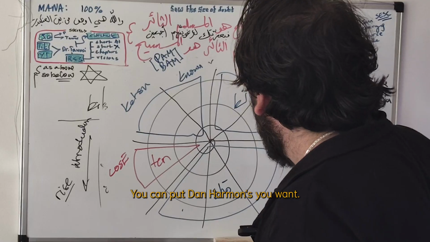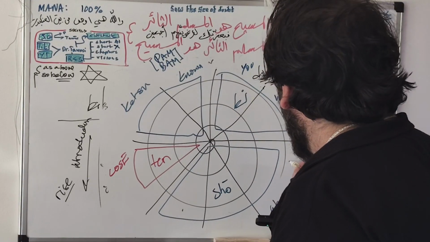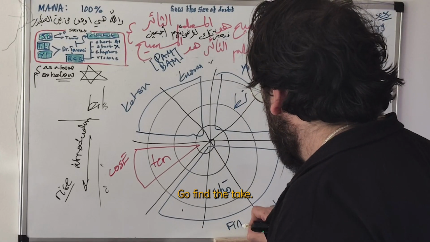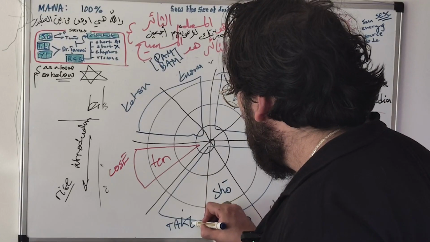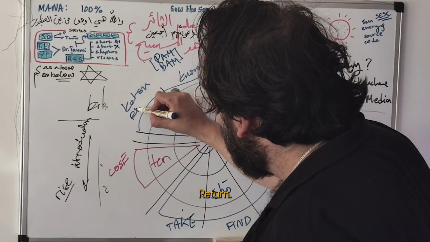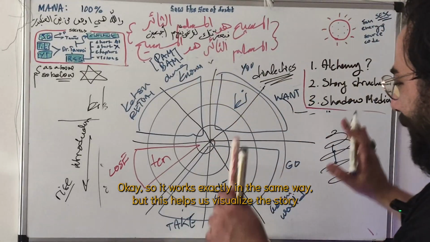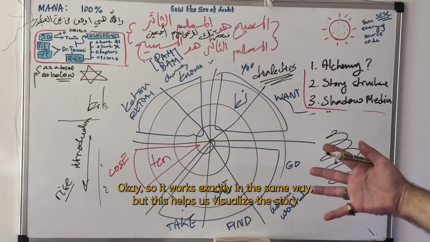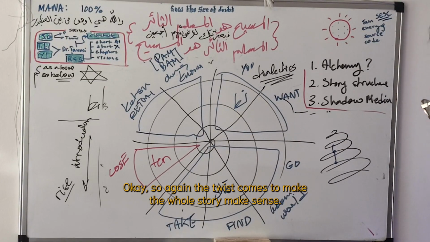You can put Dan Harmon's "you want, go, find, take, return, and change." So it works exactly in the same way, but this helps us visualize the story from a completely different angle or framework. So again, the twist comes to make the whole story make sense.